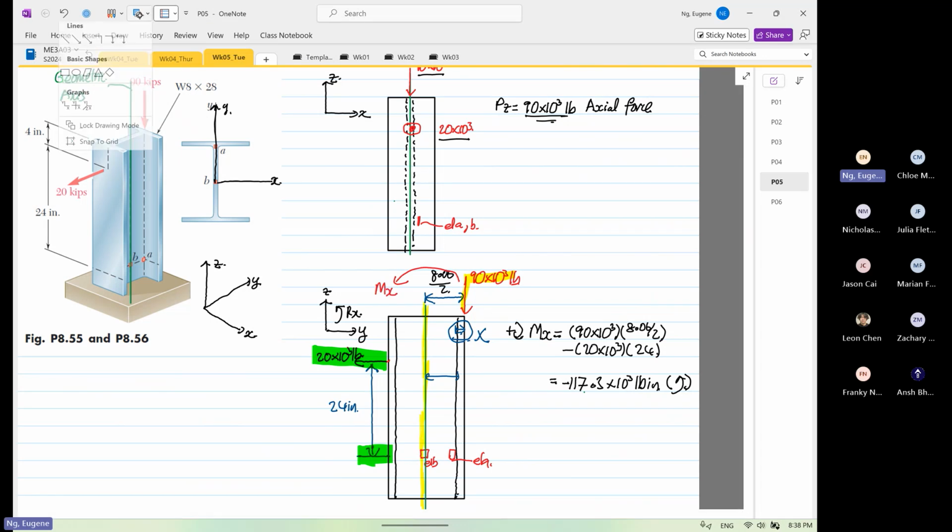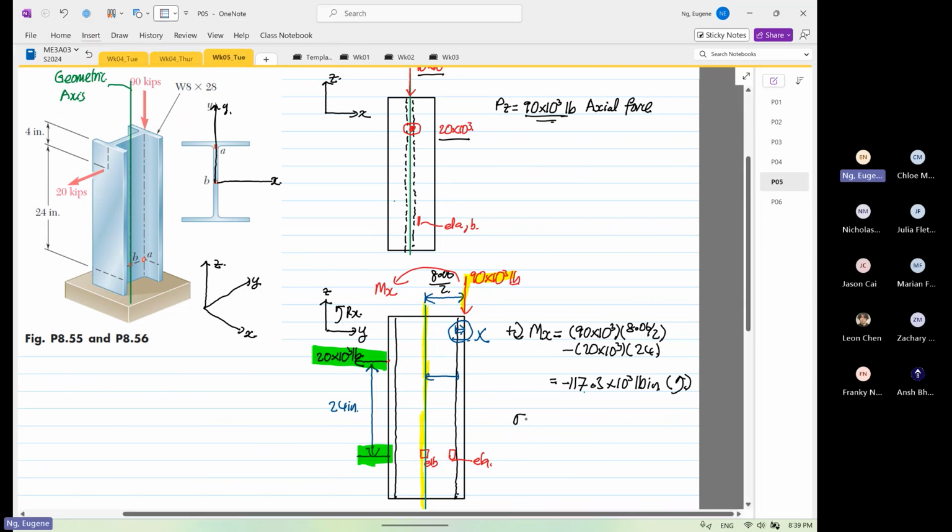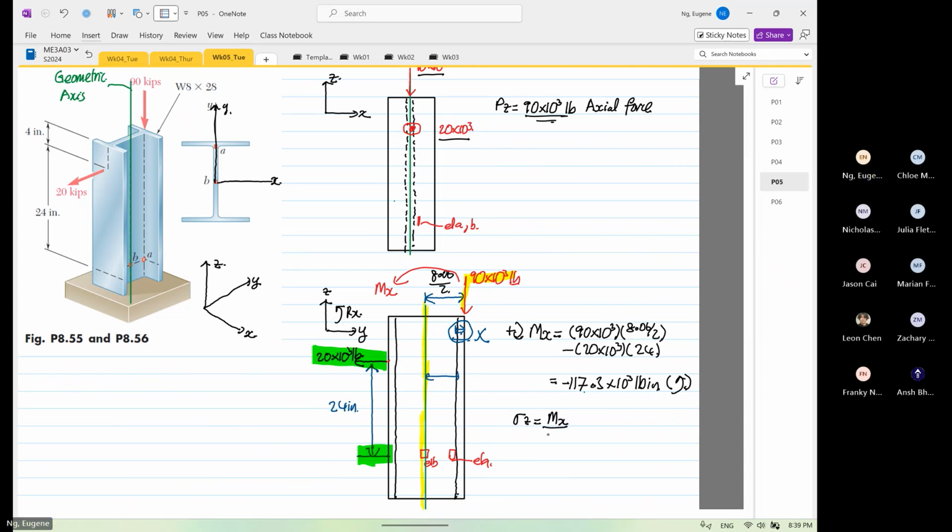If we analyze this in terms of bending moment, this is good revision for you. Also stress in the z direction is equal to Mx over Ixx multiplied by y. And we know that for element B, stress z is equal to 0, because y is equal to 0.